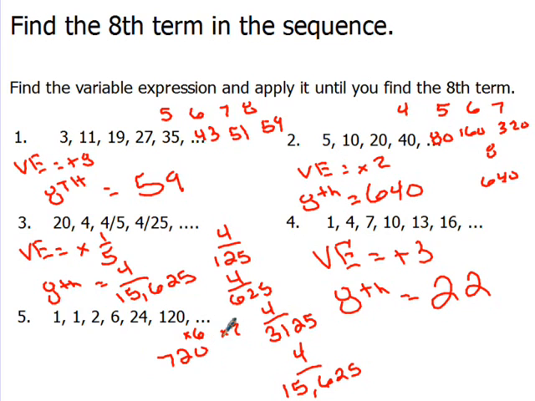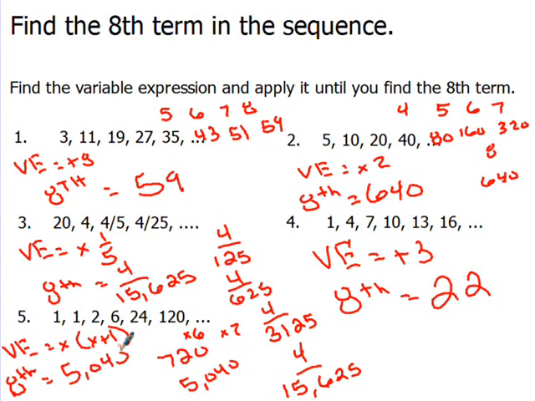And then 720 times 7 is going to give me my 8th term, which is 5,040. So my variable expression in this was times x plus 1, and my 8th term was 5,040.